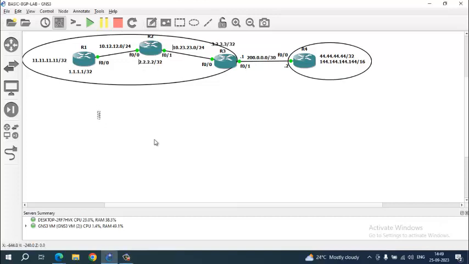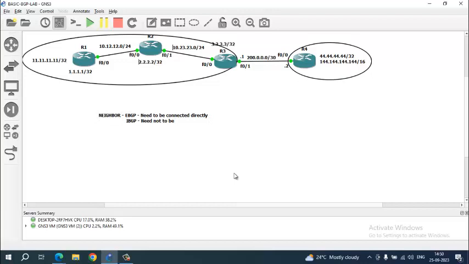The neighbor in BGP, if it is eBGP, needs to be connected directly. If it is IBGP, it need not be connected directly.